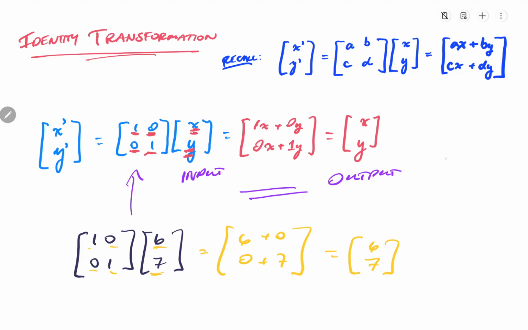What that looks like graphically, if you had a point here, which would be represented by a vector as well, you multiply it by the identity matrix, you would get the exact same thing. So that's shown there. If you multiply by the identity matrix, you get the exact same thing.